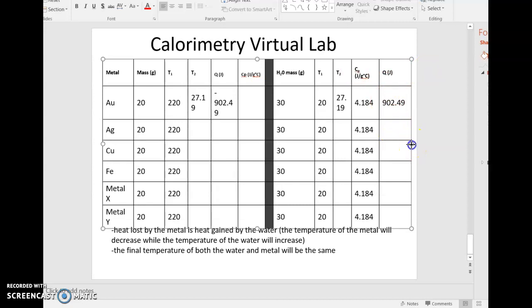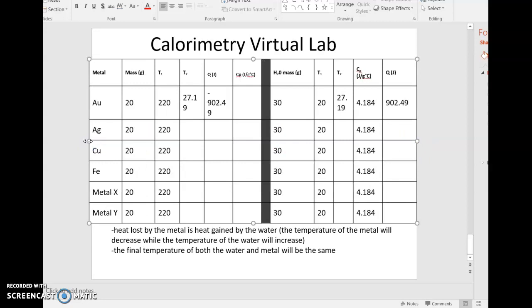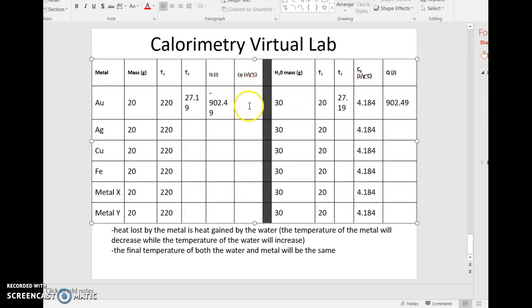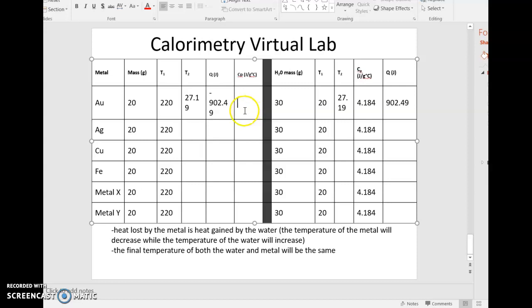Now I can use one of my rearranged formulas to solve for the specific heat of silver. I already know what it is because if you go back, it tells you the specific heat here is 0.234, but you can check your answer just to make sure. The rearranged formula to solve for specific heat is your heat energy divided by your mass times the change in temperature.